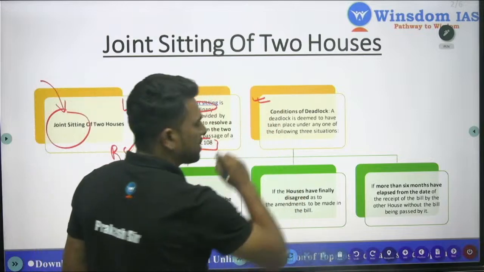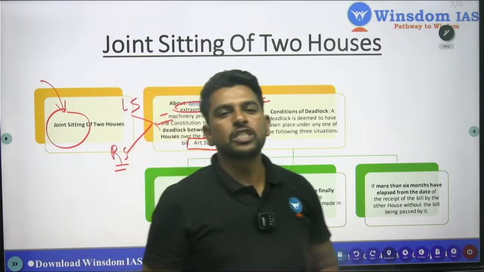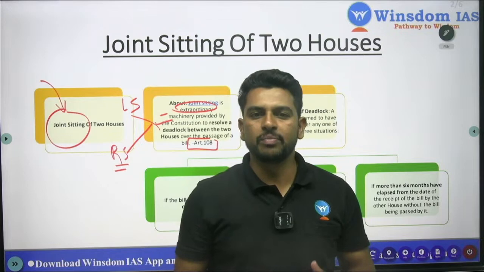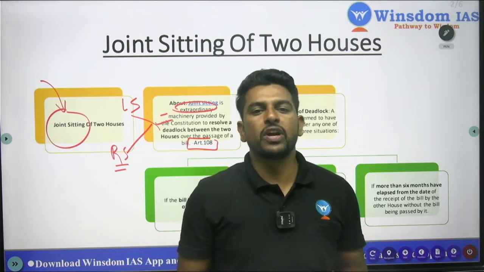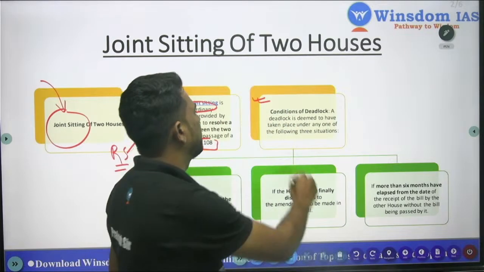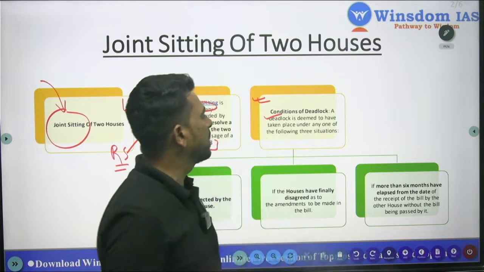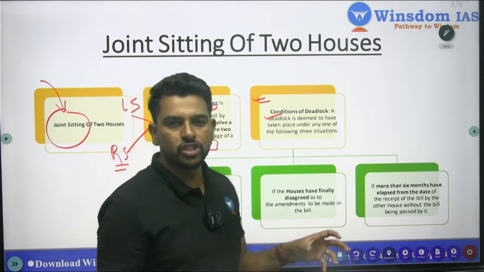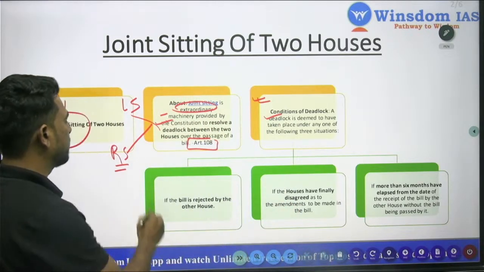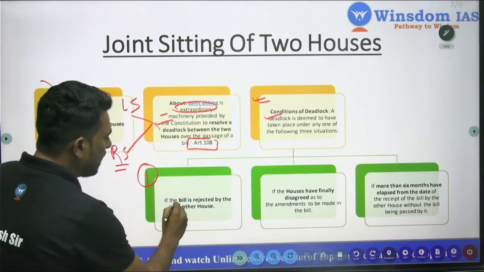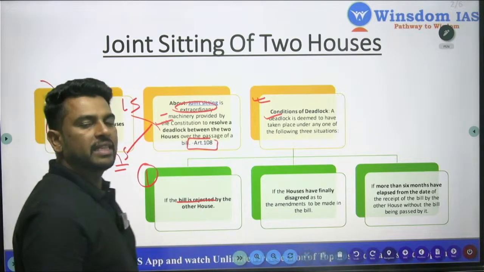Now if there is a joint sitting provision, there must be some reason, and that reason we are going to discuss. A deadlock is deemed to have taken place under any one of the following three situations. The first situation is if the bill is rejected by either house.